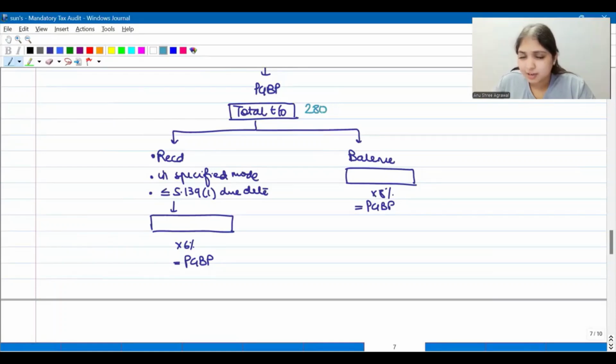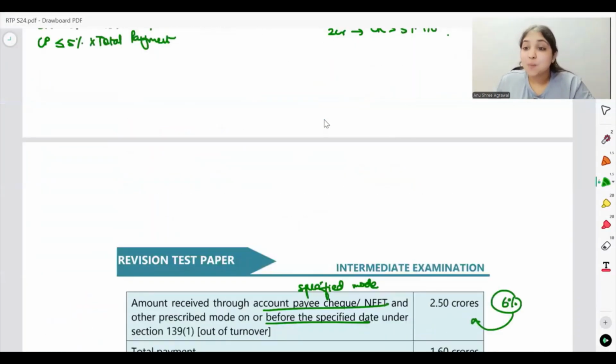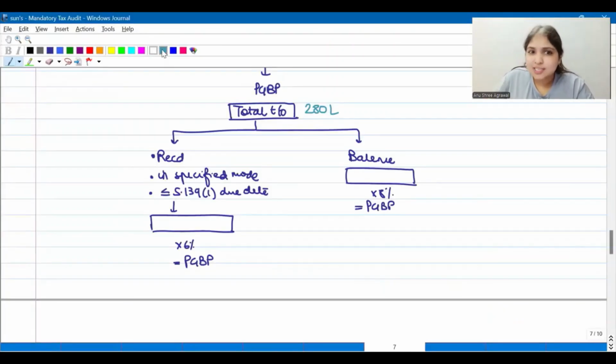So 2.8 crores, I'll call it 280 lakhs. Out of this, I will just see how much is received on or before the 139(1) due date in specified mode. How much is received on or before the 139(1) due date in specified mode? 2.5 crores. I can call this 250 lakhs.